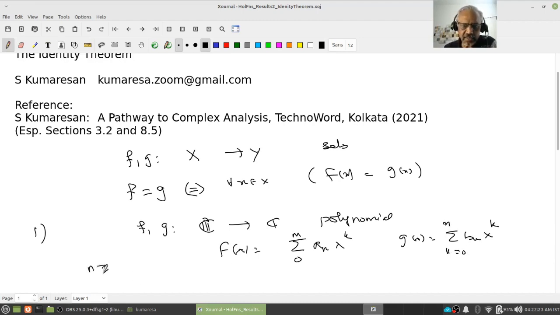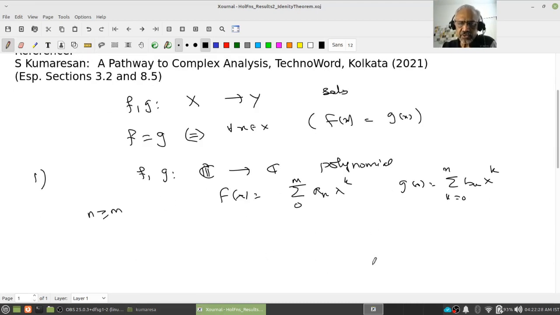Suppose n is greater than or equal to m. Then when I want to say f equals g as functions, for each and every z in C, I have to check f(z) equals g(z).